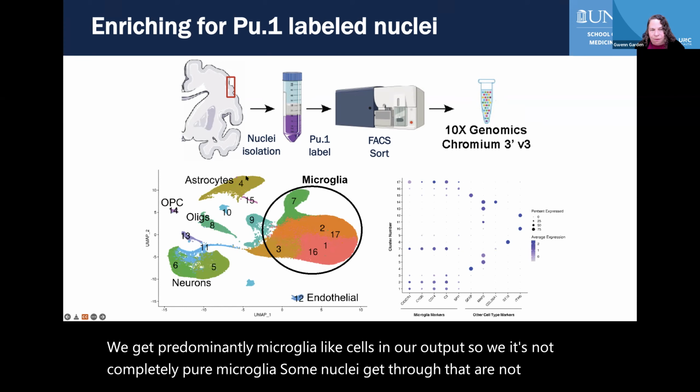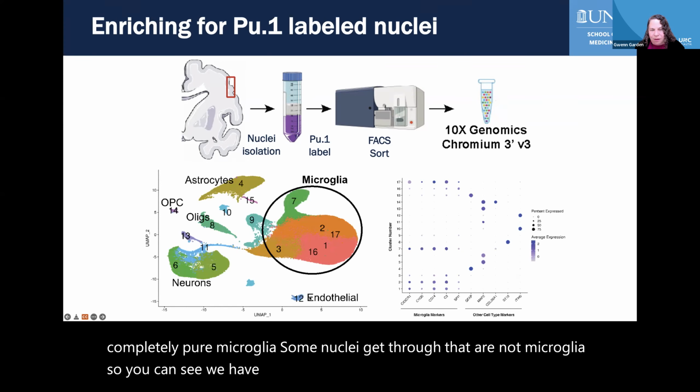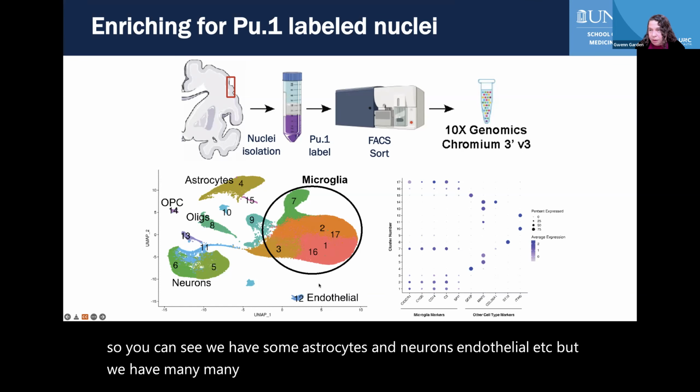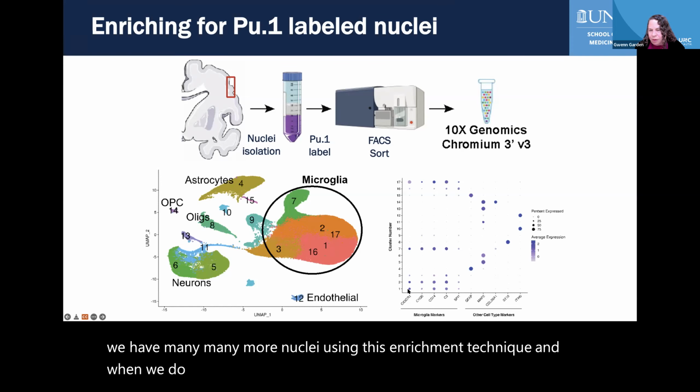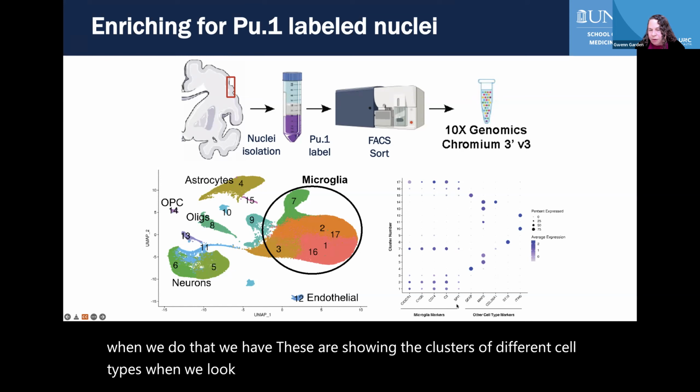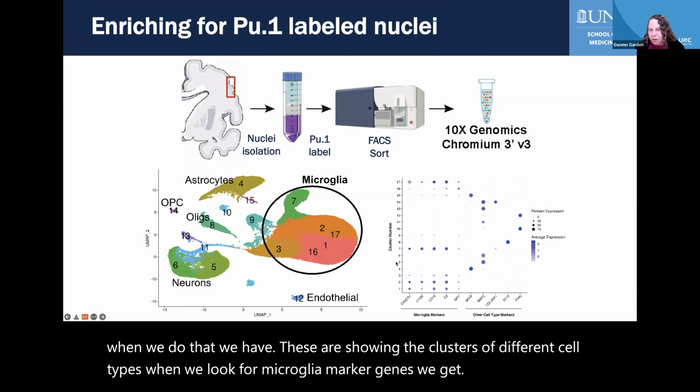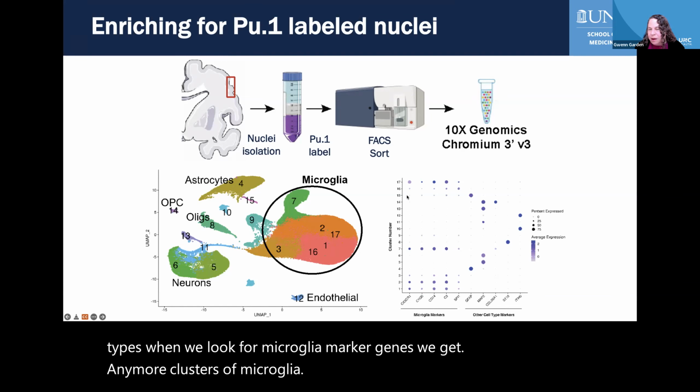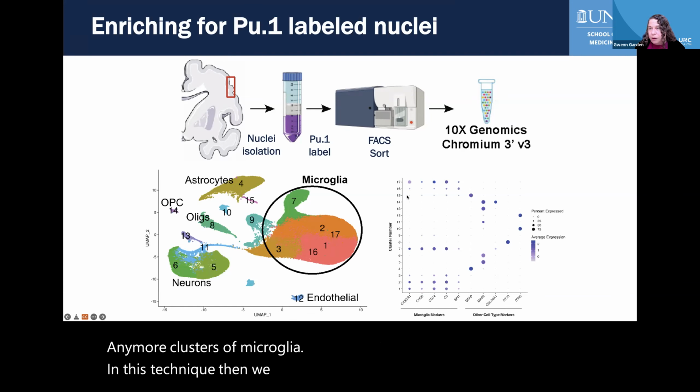So you can see we have some astrocytes, some neurons, endothelial, etc. But we have many, many more nuclei using this enrichment technique. And these are showing the clusters of different cell types. When we look for microglia marker genes, we get many more clusters of microglia in this technique than we do if we just look at all the nuclei.